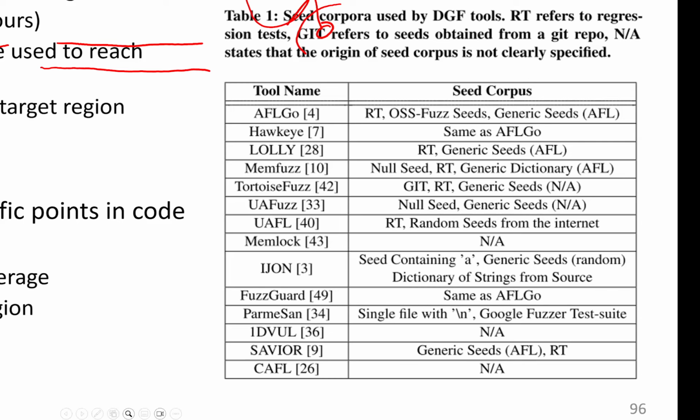They take generic seeds. memfuzz takes null seeds or empty, or a generic dictionary, very simple words. iJON takes a seed containing the letter A as an input. Parmesan takes a single file with a new line as an input, so it's really very dumb.